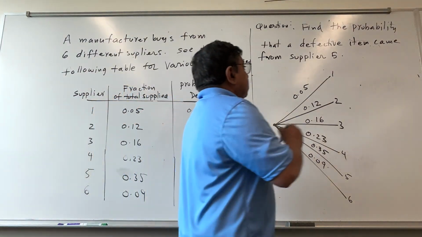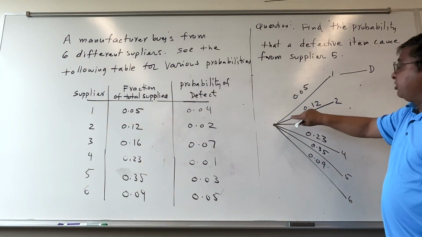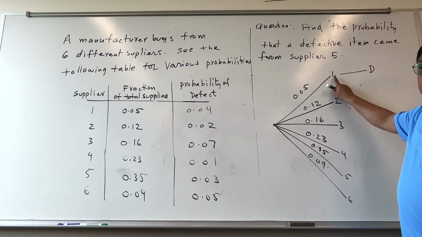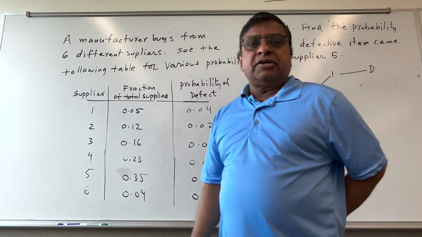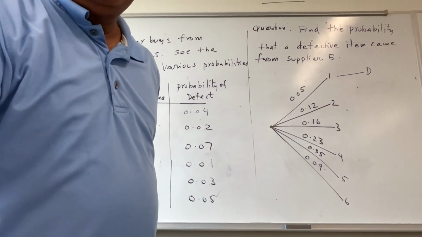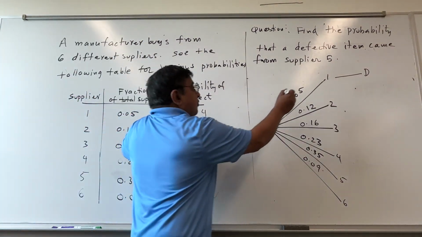Now, another branch. Follow this path here. What's the probability that supplier 1 gives a defective item? That is 0.04.